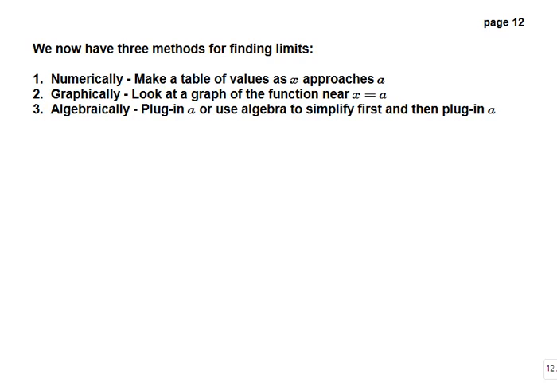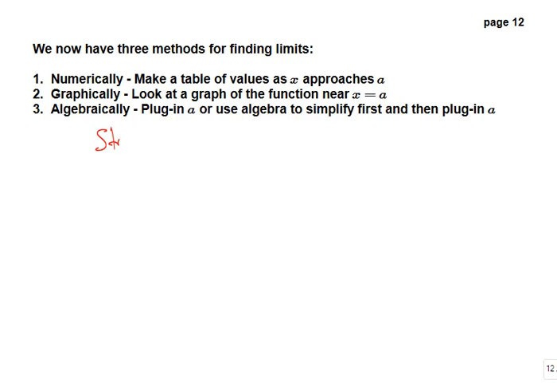You can find a limit graphically by graphing your function and then looking to see if the cars would crash near x equals a. Or you can find your limits algebraically by either just plugging in a if that works, or if you get an indeterminate form, use some algebra to simplify first and then plug in for a.